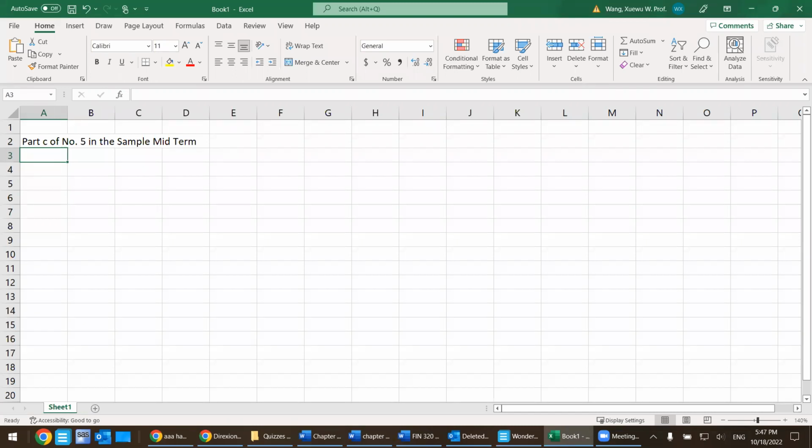So part A is asking, should they still refinance? And part B is asking, what's the maximum extra fee they are willing to pay in order to refinance? And part C is asking, use the data table functionality to illustrate how their decision would change as the extra fee and interest rate on the new mortgage change.